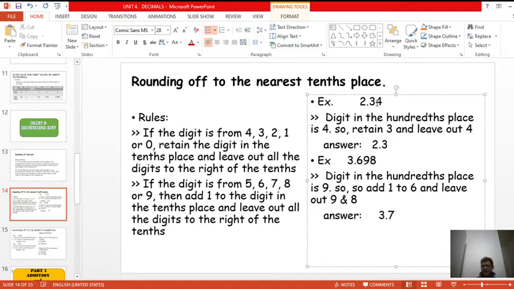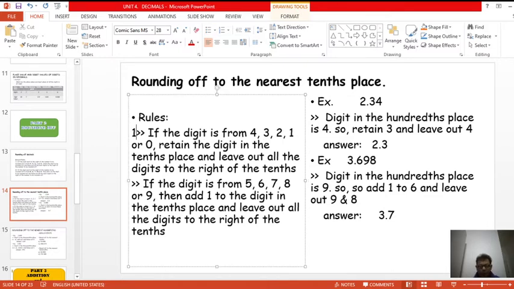But again, the rule says the next digit to the right. So if we talk about tens place, your cue or clue or indicator whether you use rule number 1 or rule number 2 is the next number to the right of the digit to be rounded off.